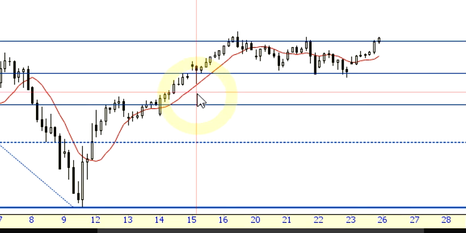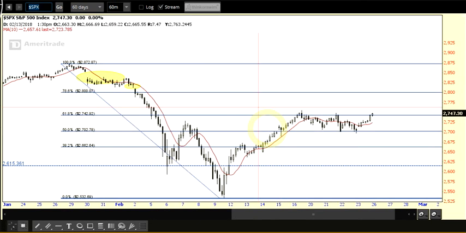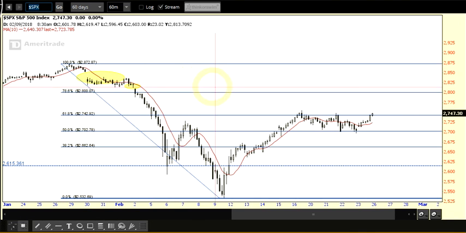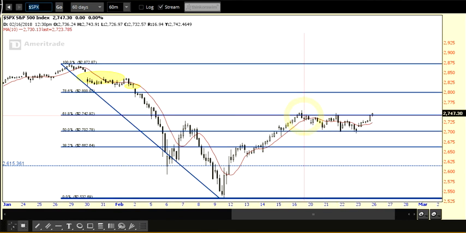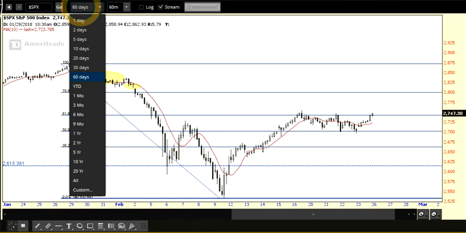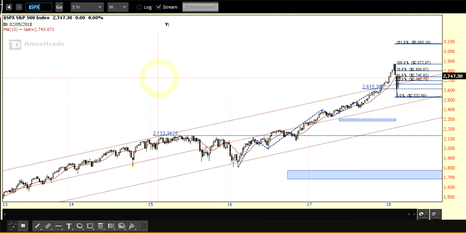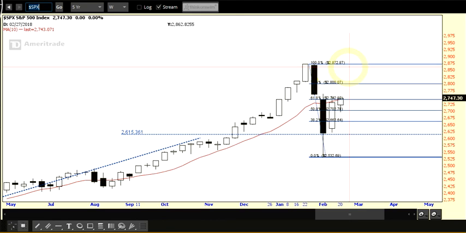Let's look at support and resistance too. Well, let's not get into the weeds on that. Let's stick with the weekly chart, because at the end of the day, you've got 401ks and IRAs you're dealing with.